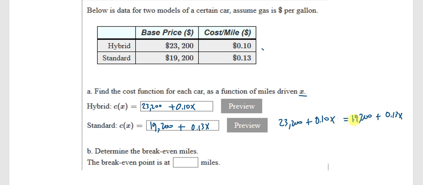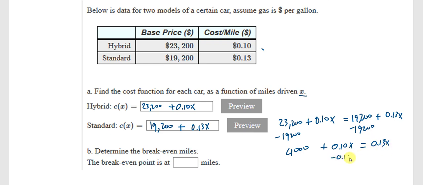Let's subtract 19,200 on both sides: 23,200 on the left side minus 19,200 on the right side. I get 4,000 on the left, and plus 0.10x equals 0.13x.